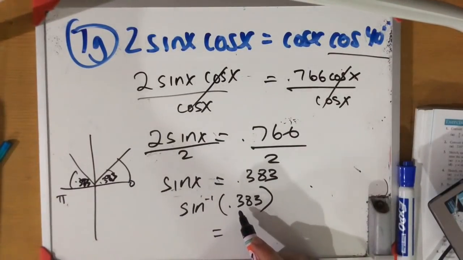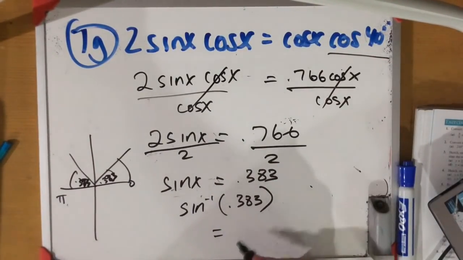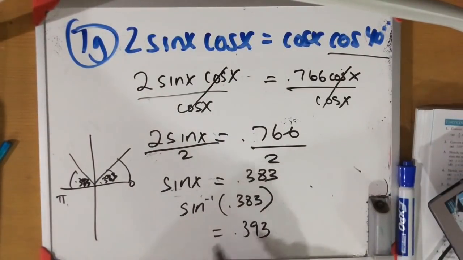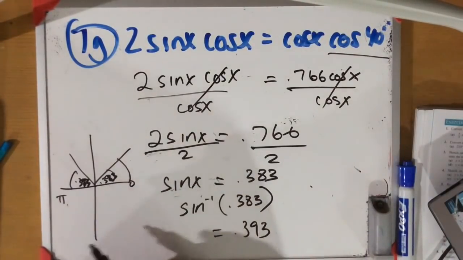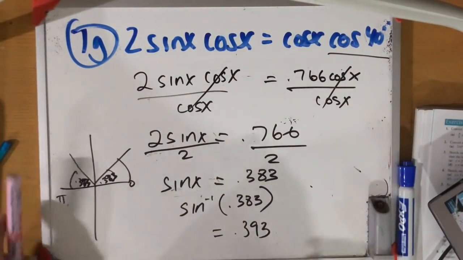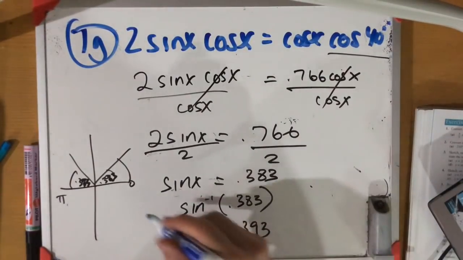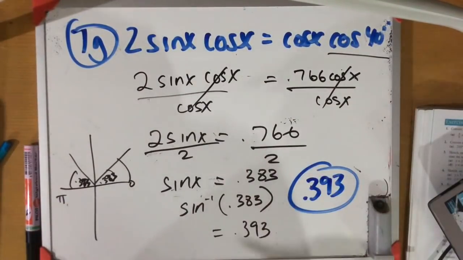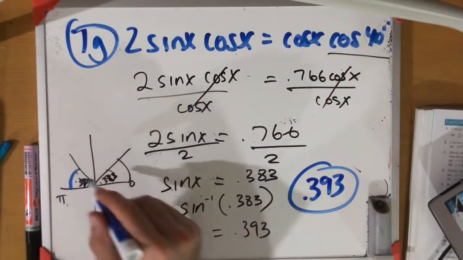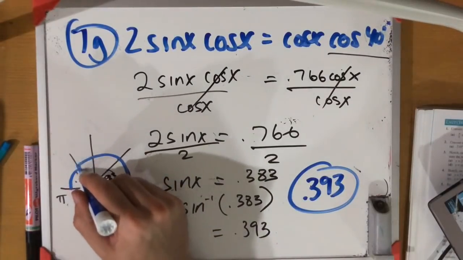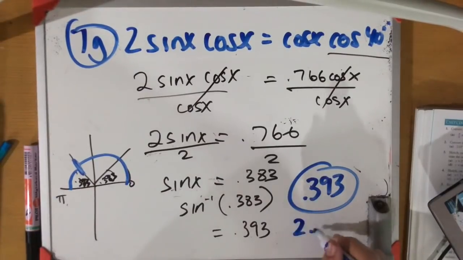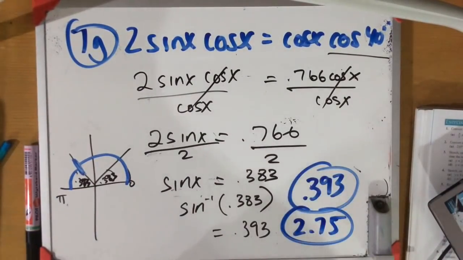I kind of skipped this step, but once you put this in your calculator, you get a base angle of 0.393, which is awfully close to 0.383. Your two angles end up being 0 plus that, which is 0.393, and pi, again going backwards, minus it, so you're trying to figure out what this theta is, that would end up being 2.75. Okay, so those are your two angles for this scenario.